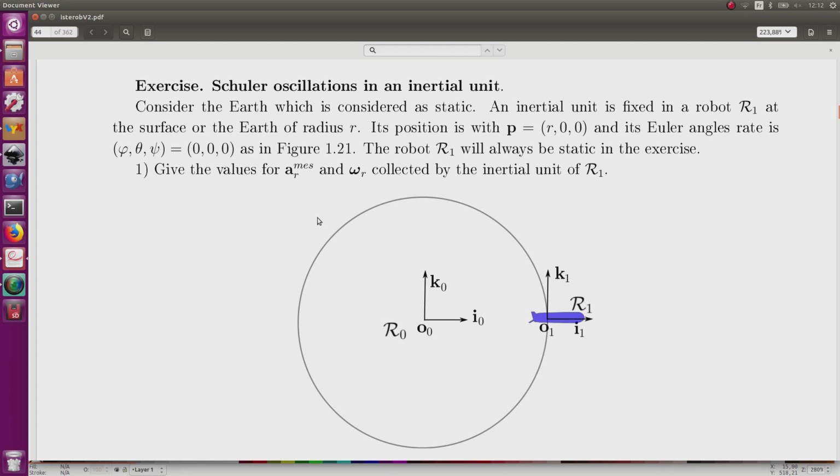The first question is: what are the values that are collected by the inertial unit? So recall that the inertial unit is able to collect some acceleration and some rotation rate.